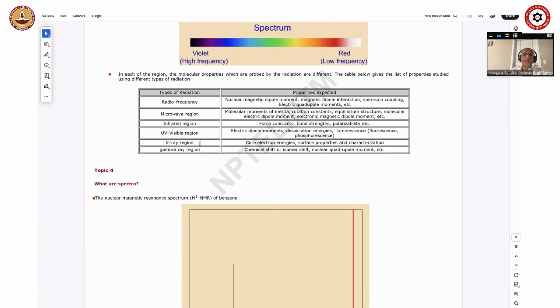Then we have the X-ray region, which gives information on core electron spectroscopy. That is, if you think about sodium, the basic excitation happens by the valence electrons in electronic spectroscopy. The core electrons in sodium, namely the 2s, 2p, and 1s electrons, are very difficult to excite.